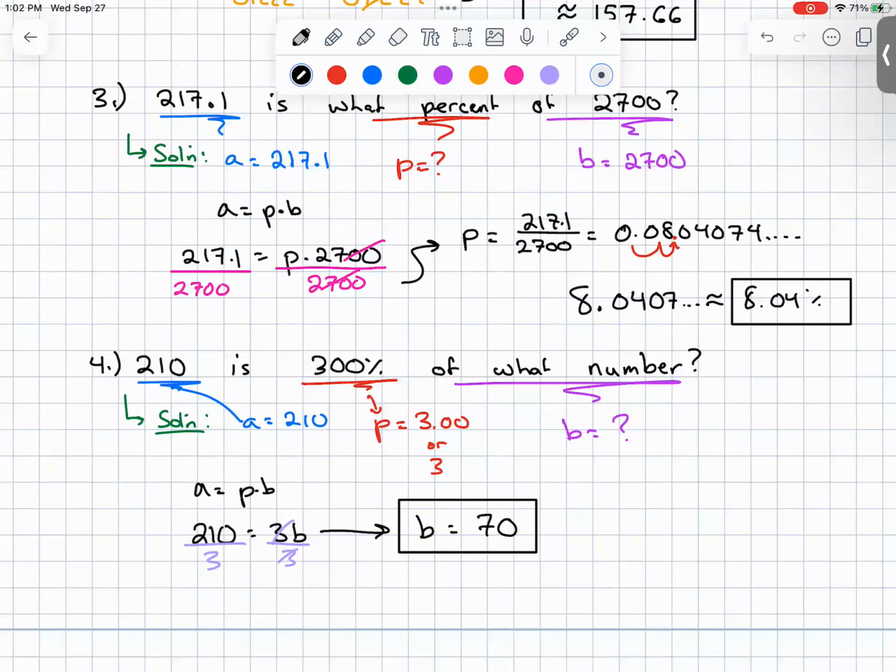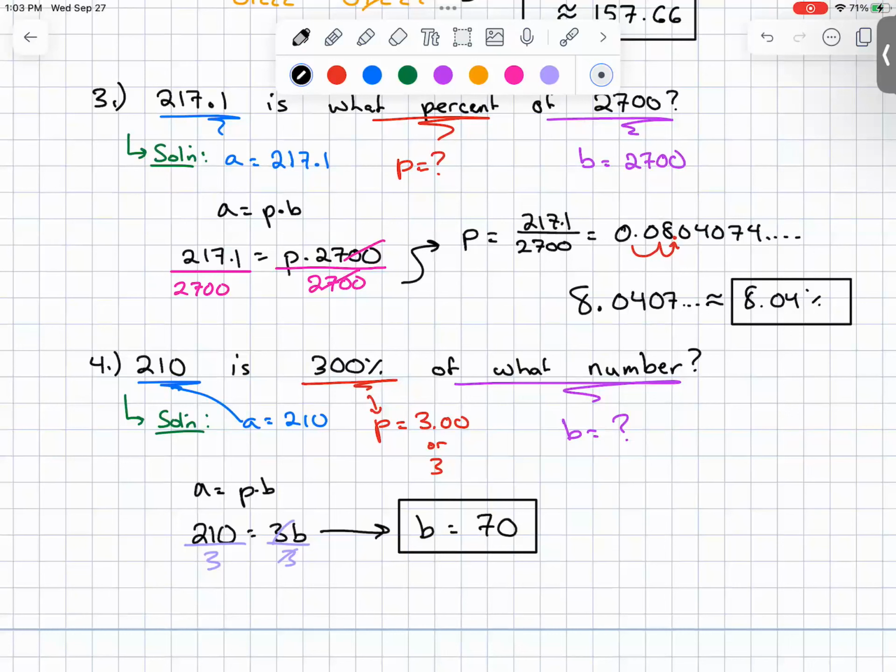For sure. And then for number 4 rather, 210 is 300% of what number? Of what number? So that's going to be your base b, and that's unknown because it's saying of what number in question. 300%. As soon as you see that percent symbol, the great thing is that means that that's our p-value. And so that's 300% or 300.0%.